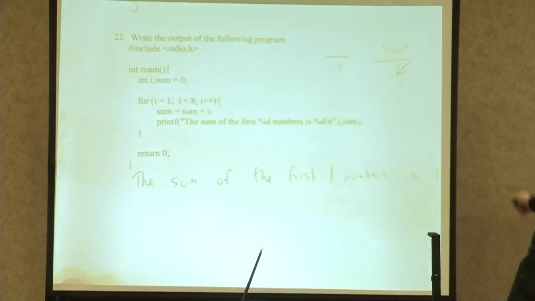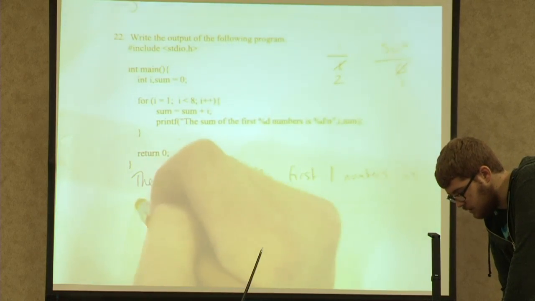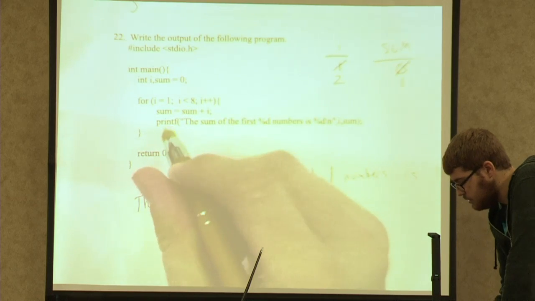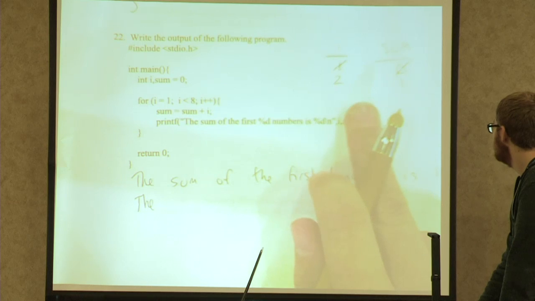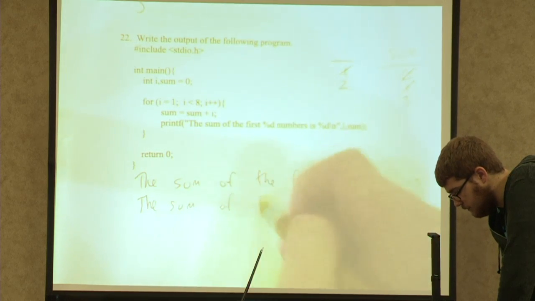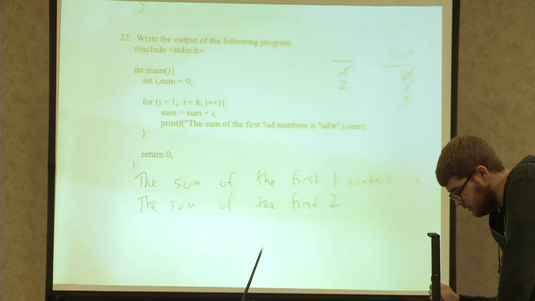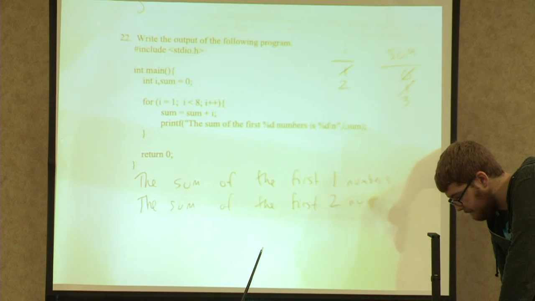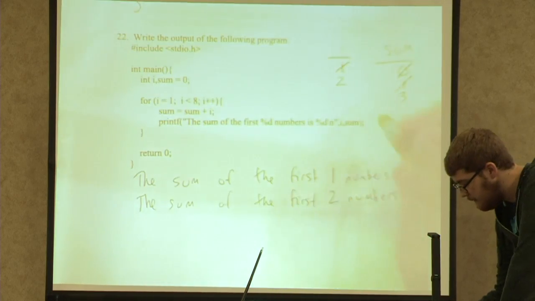Then we'd go back, it's a for loop, so we go back up, increment i, so from 1 to 2, and then we'd have sum equals sum plus i, which is basically doing this addition, 1 plus 2, which sum will get changed to 3. So the sum of the first 2 numbers, because the first placeholder is for i, is 3. Then back to the top of the for loop, increment it again.